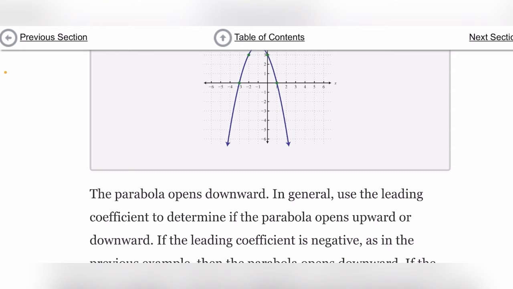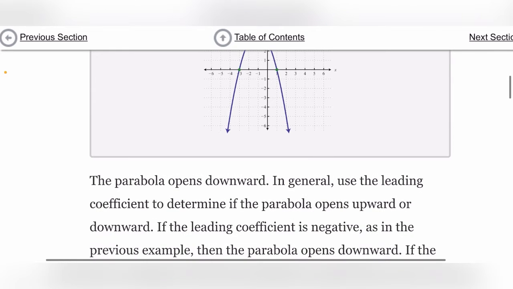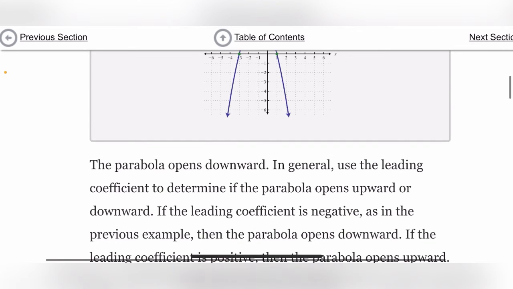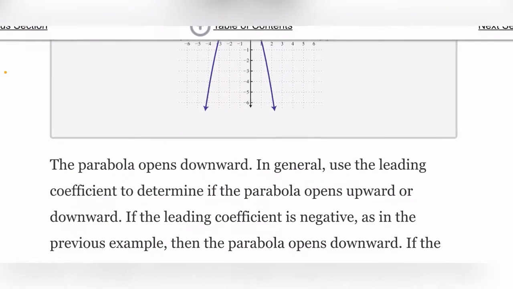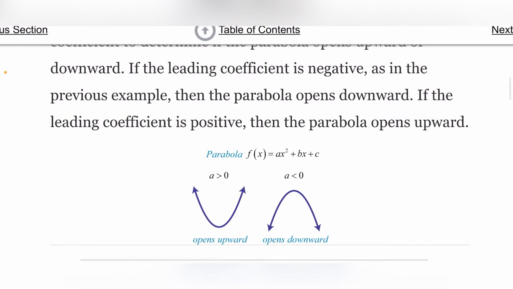Use the leading coefficient. Leading means the first coefficient, the very first one. By looking at it, we can determine if the parabola opens upward or downward. If the leading coefficient is negative, as in the previous example, then the parabola opens downward.